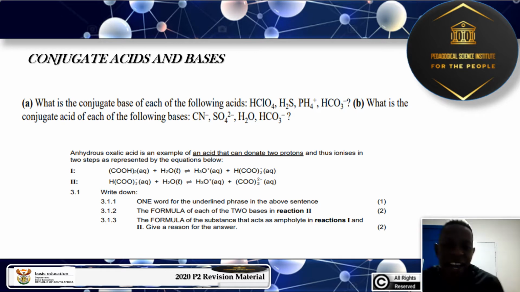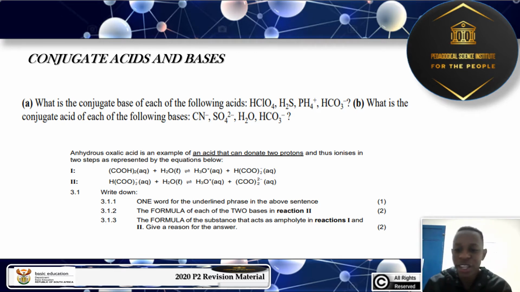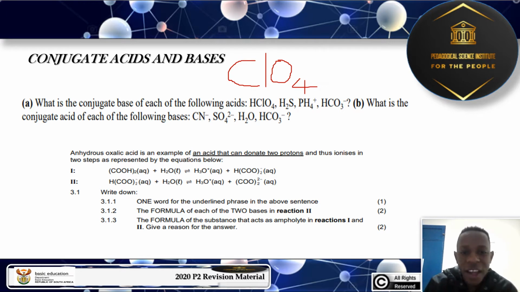It's HClO4. We donate that H to find the conjugate base, so we are going to have ClO4, and on top we have a minus.